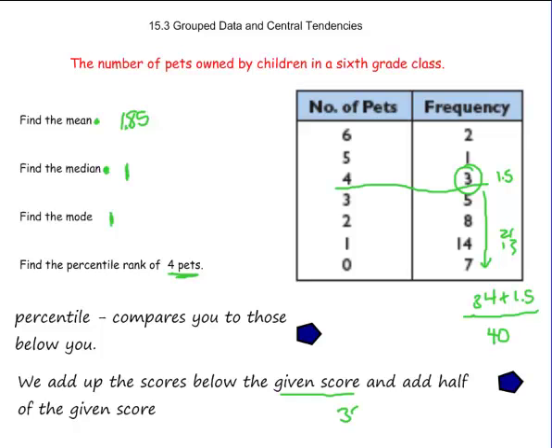So 35.5 divided by 40 is 88.75%. You are in the 89th percentile for pets. That means 89% were below you. So you had more pets than 89% of the people surveyed.